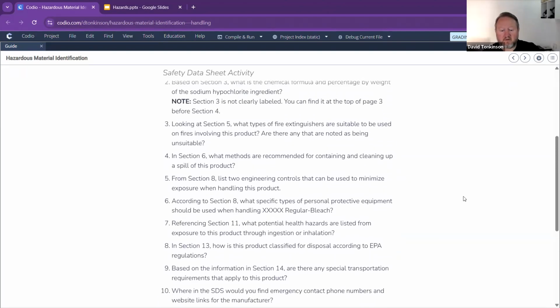So we are now moving on to question 4. In section 6, what methods are recommended for containing and cleaning up spills of this product? And remember, there are 2 options here. There are 2 things that we're going in there.